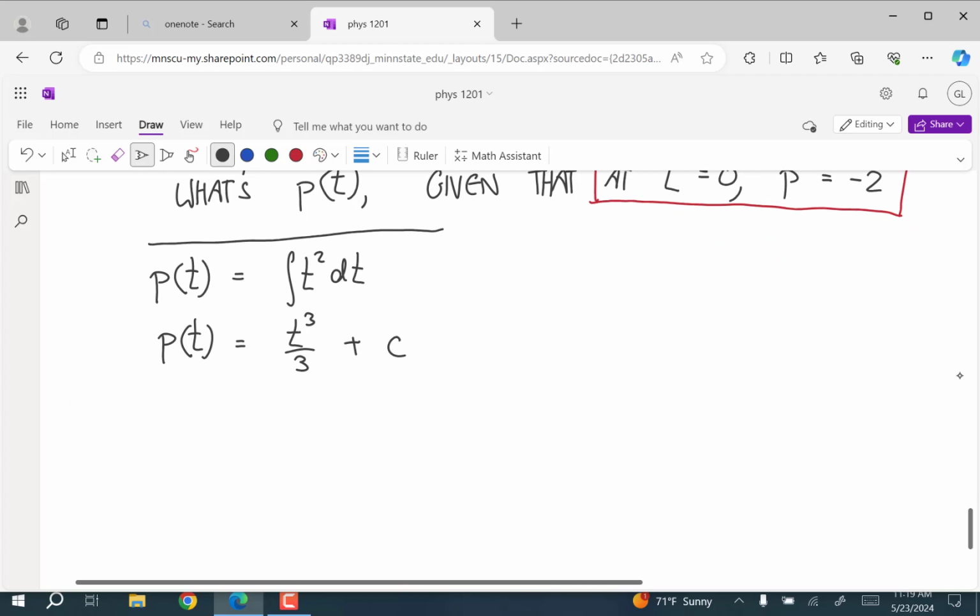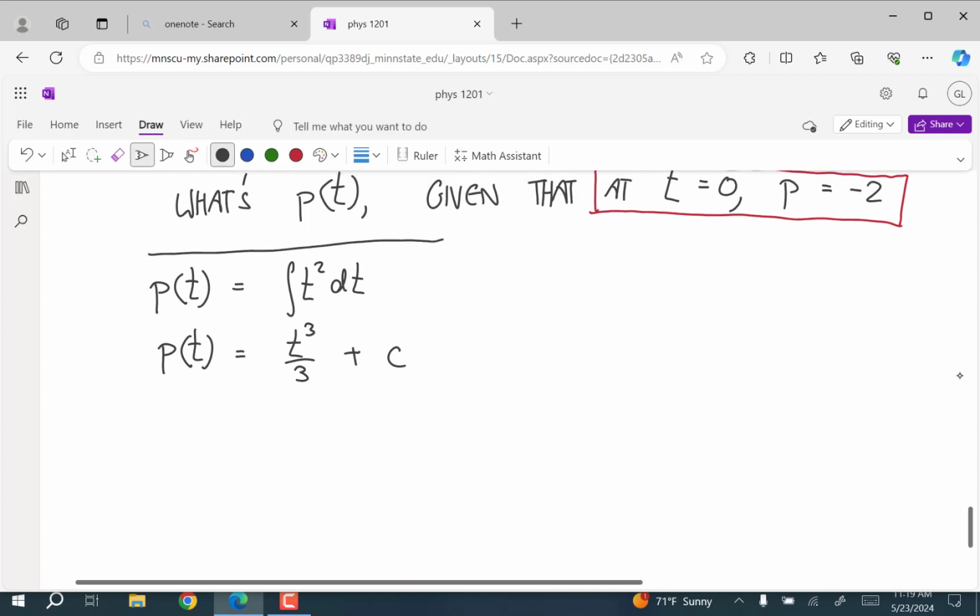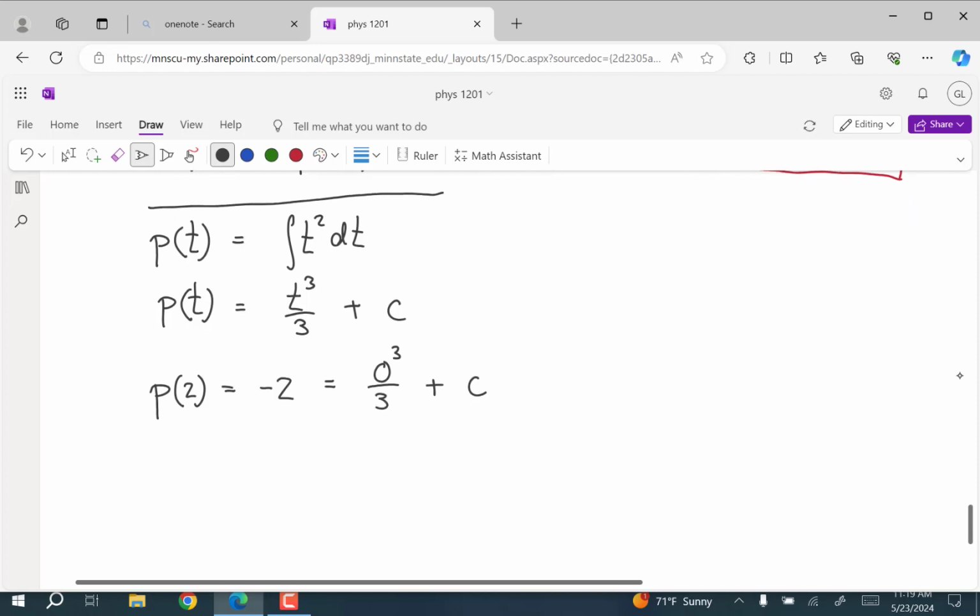So we're going to say, I'm going to write it as the position when time is equal to 0 is equal to negative 2. That's what we're given. And it's equal to 0 cubed over 3 plus c. Okay, well, negative 2 then is equal to 0 plus c. So c is equal to negative 2.